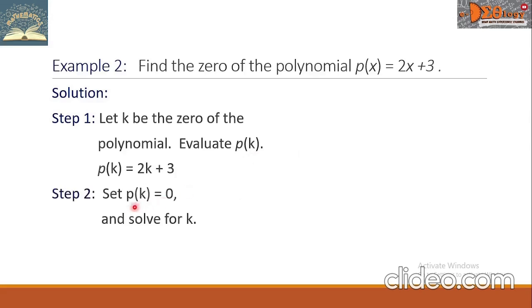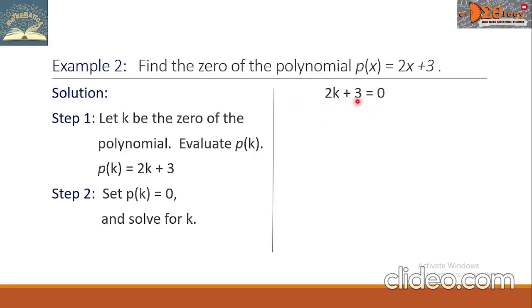Step 2. We set p of k equals 0, and we solve for k. Our equation is p of k equals 2k plus 3. Now this becomes 0. We can disregard the p of k, then we will solve here for k.